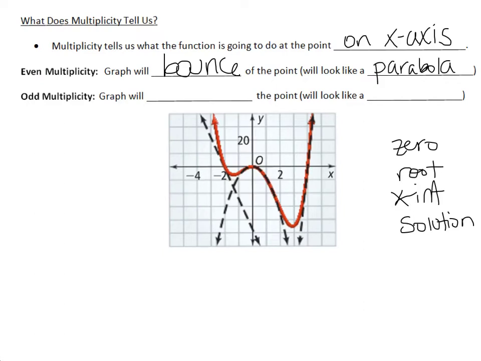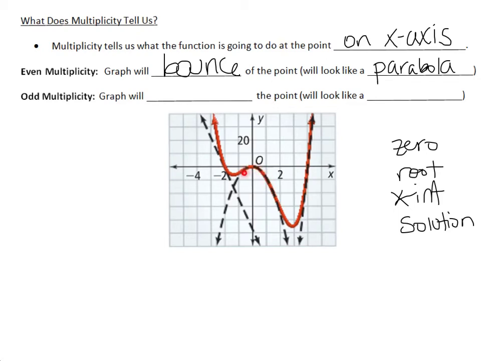So notice right here we have a zero at 0 actually. Our graph went through this zero, but when it came up to the second zero at 0, it bounces off of it. It just comes up, touches it, and turns back around. So that zero serves as a turning point.